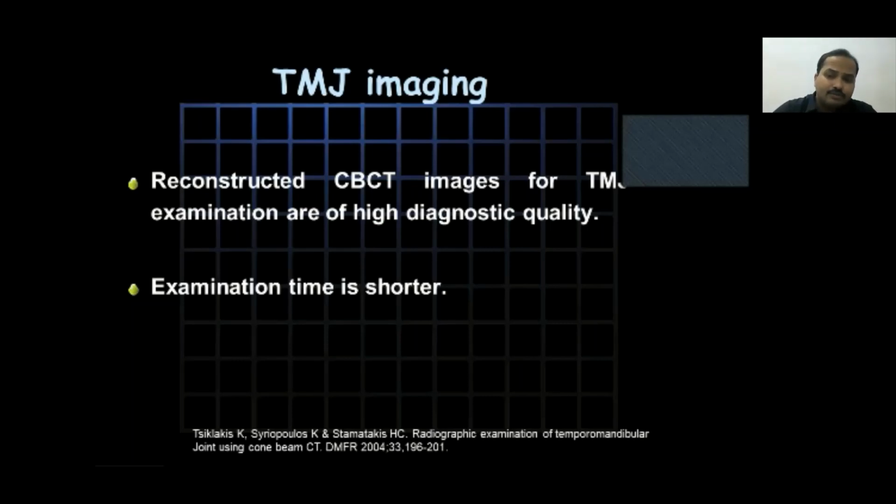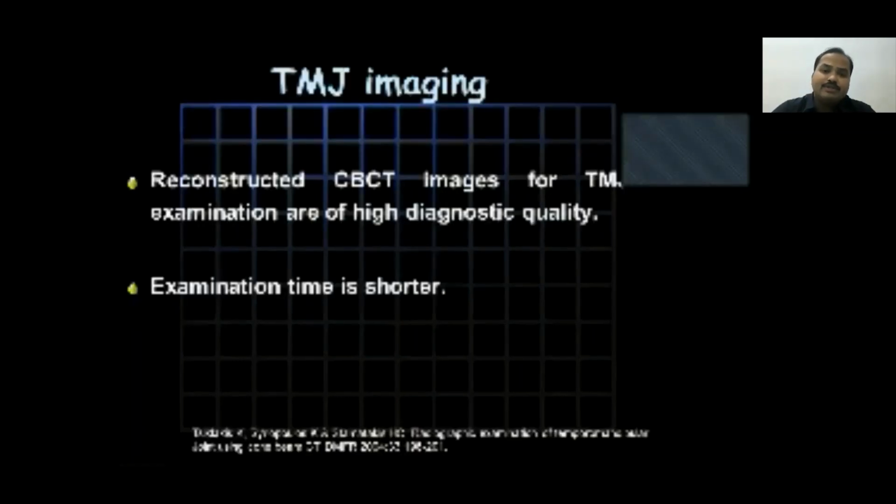That means we are able to see the whole joint, the osseous structures of the joint, very clearly. The non-osseous structures can also be determined in the CBCT scans. And in this case, the examination time taken for TMJ examination is quite less.